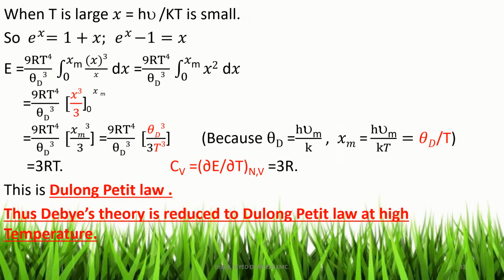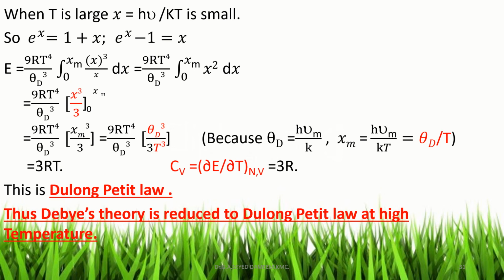When T is large, the x value, that is hν by kT, is small. Therefore e^x can be written as 1 plus x, by cancelling the other terms, x square plus x cube. So e^x minus 1 is equal to x.